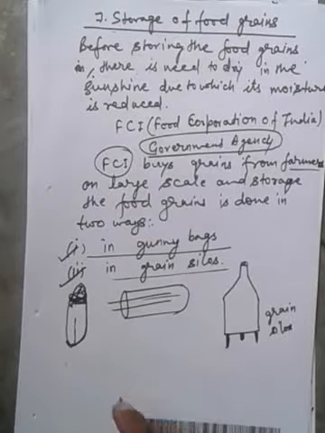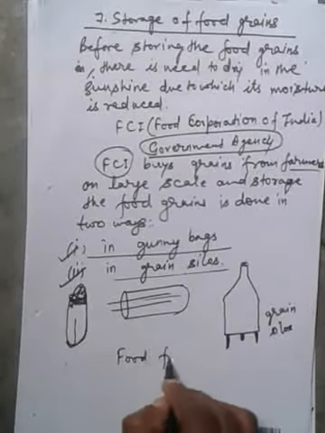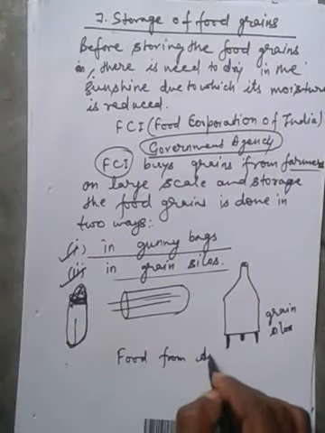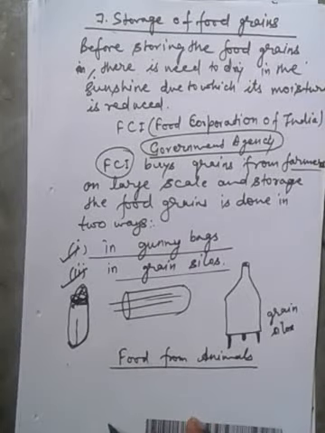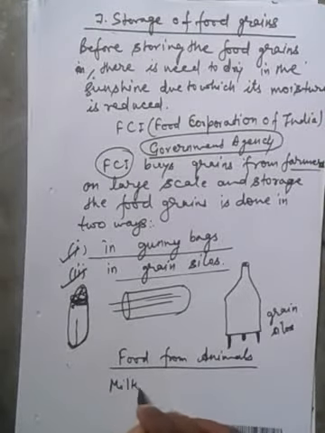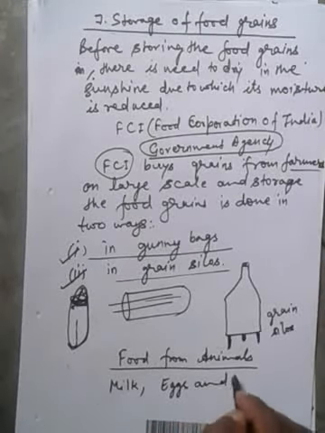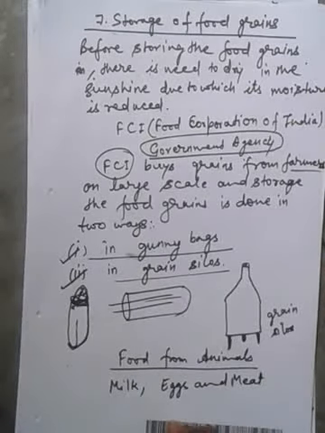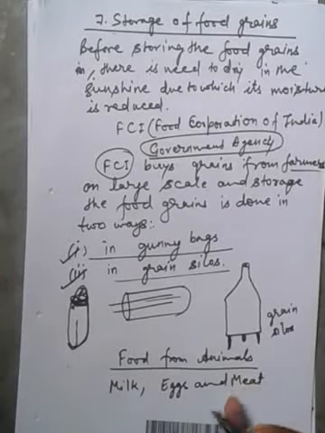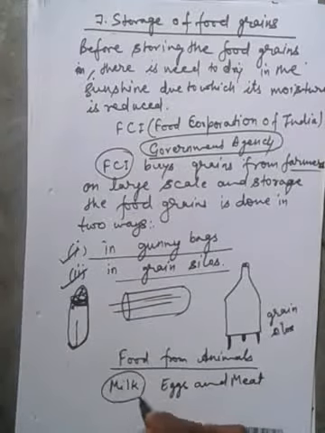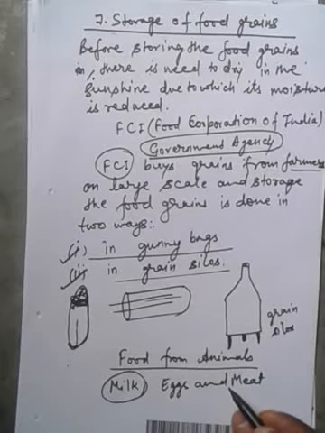Other food is also obtained from some animals, like milk, eggs and meat. These are obtained from some animals. Some animals are milk-giving or milk-yielding animals, some give eggs and some are meat producing.